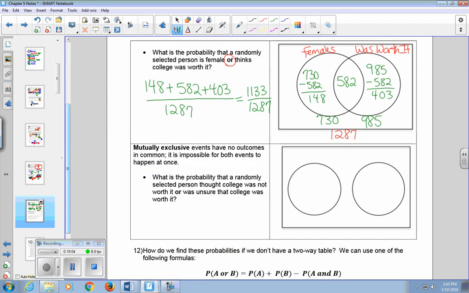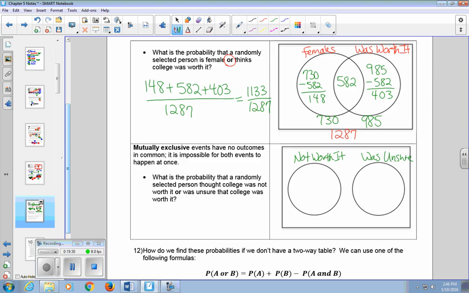Next thing, mutually exclusive. These events have no outcomes in common. It's impossible for both events to happen at once. So what is the probability that a randomly selected person thought college was not worth it or was unsure that college was worth it? So not worth it is one of our events. And this was unsure. This is our other event. And notice that people had to choose one or the other, so there's no overlap here.